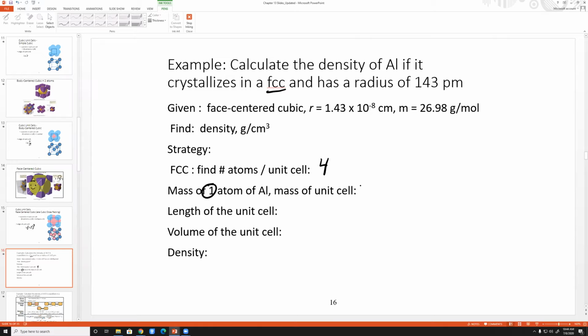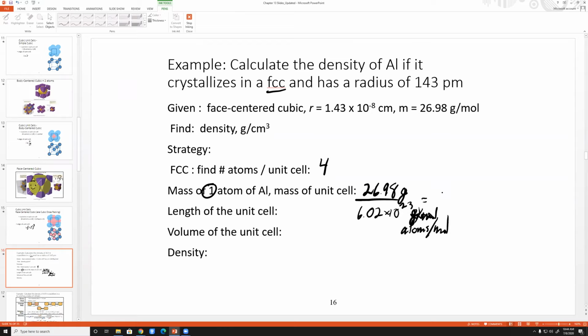So basically, 26.98 grams divided by Avogadro's number. And that equals something really small, times 10 to the negative 23rd grams. That's atoms per mole.